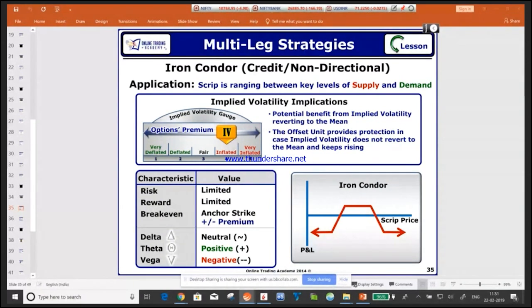Usually non-directional strategies are applicable when a stock comes and sits in a monthly demand or a monthly supply, because you know when stocks come and sit in the monthly demand or the monthly supply, they usually trend sideways. That is the time when you do these.